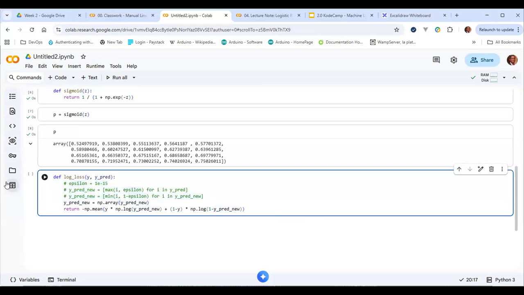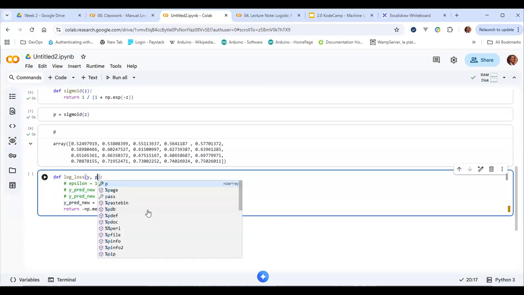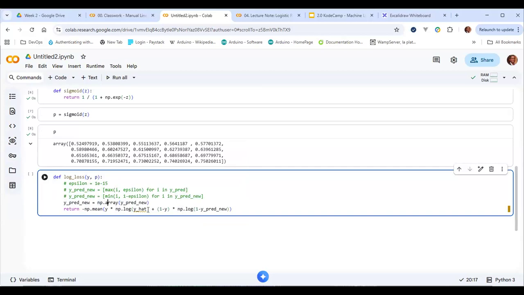It's going to be y times y pred, or let me use y hat. So y hat is the predicted value, or p. Let's use p. So y and p. I'm going to talk about this whole thing later on.